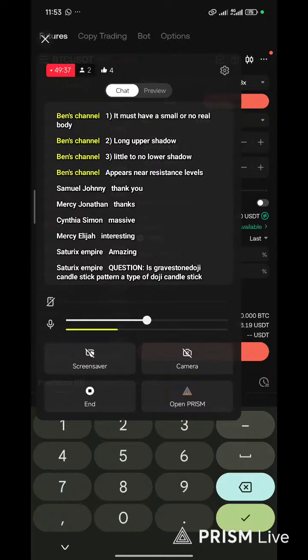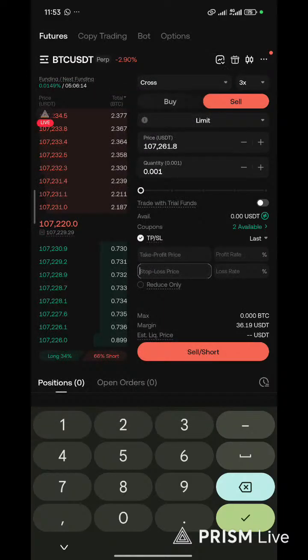But with the Gravestone Doji, we have discovered that if it occurs in an uptrend, there tends to be a bearish reversal, showing that the sellers are in control of the market. So the Gravestone Doji candlestick pattern is a type of doji candlestick pattern. We have two. One is the Dragonfly Doji, which is a bullish reversal, and the second one is the Gravestone Doji, which is a bearish reversal. I hope I've answered your question.